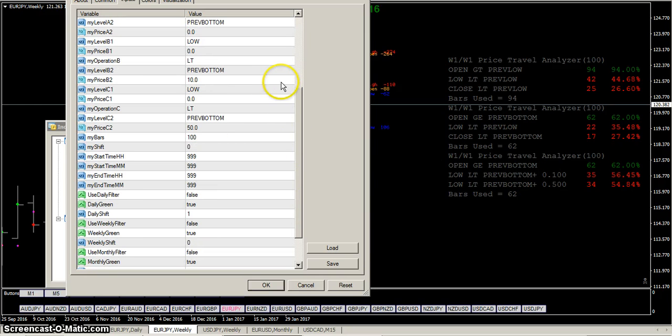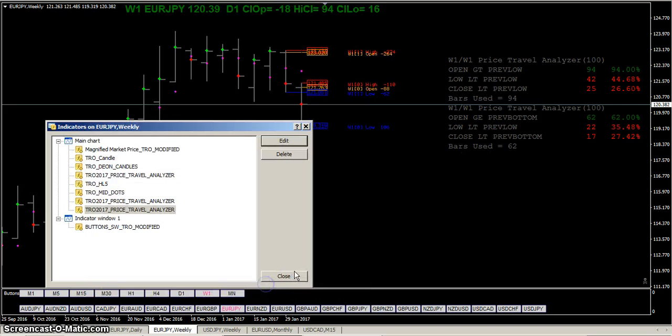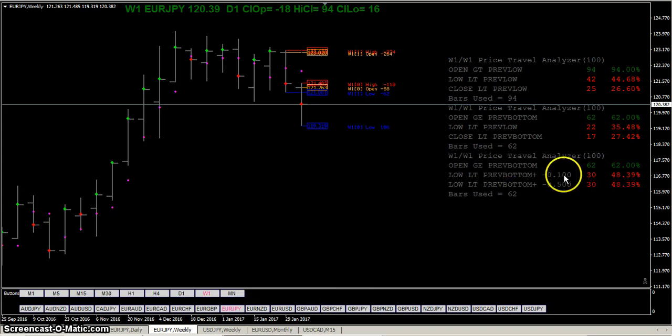I did that so you can see, wait a minute, that's not really what you mean. You really want to say minus 50 and, or minus 10 and minus 50. Okay, so here the low was less than the previous bottom minus 10 30 times, and it was less than the previous bottom minus 50 30 times.